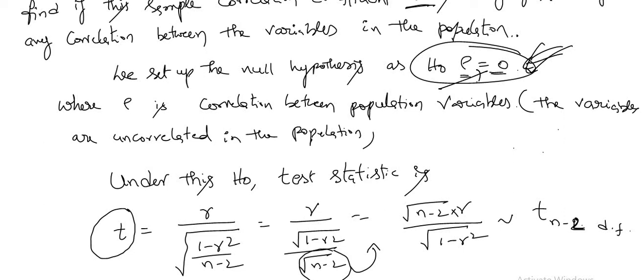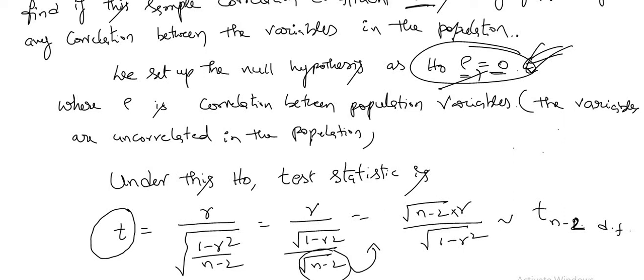We need to take a sample, but sample values may give some correlation, not 0. Can we accept that the population rho is 0?